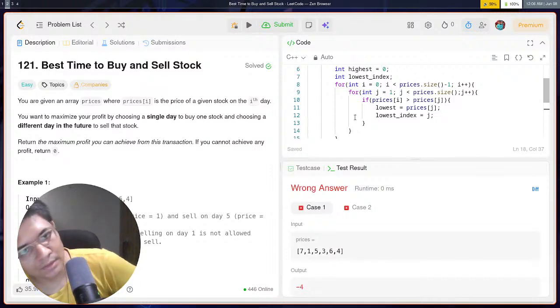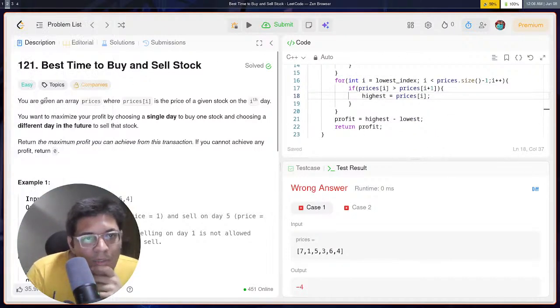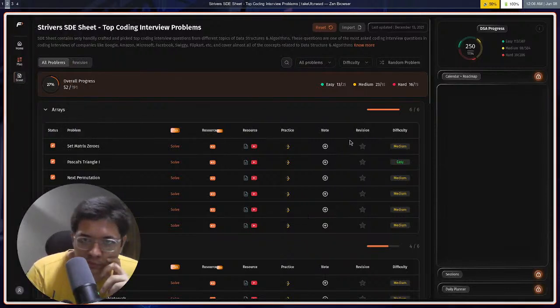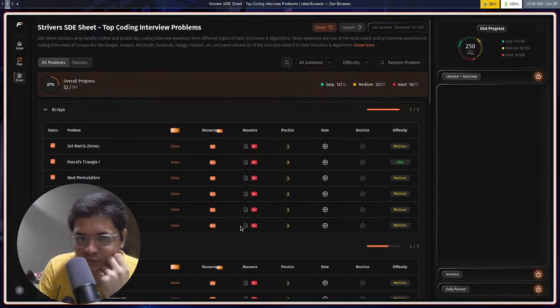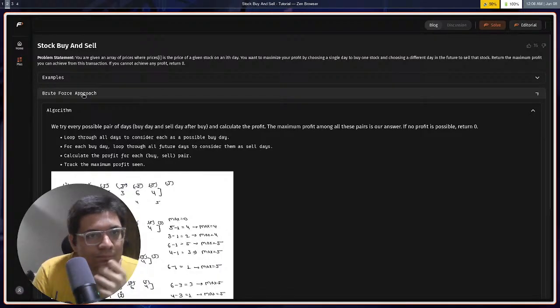I think the problem is that the iteration has been happening in all the array, all the vector. Let's look at the solution. We have given enough time. Actually, I have solved this one already, but it has been 2 years.